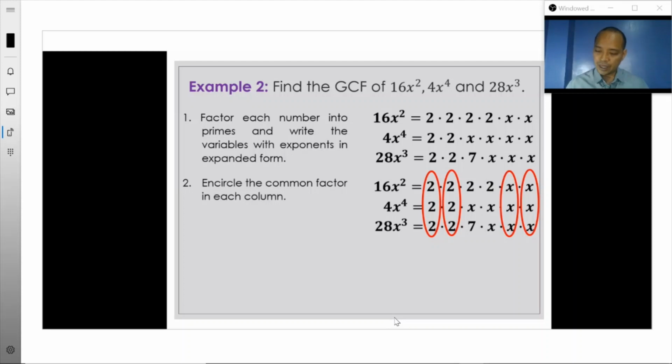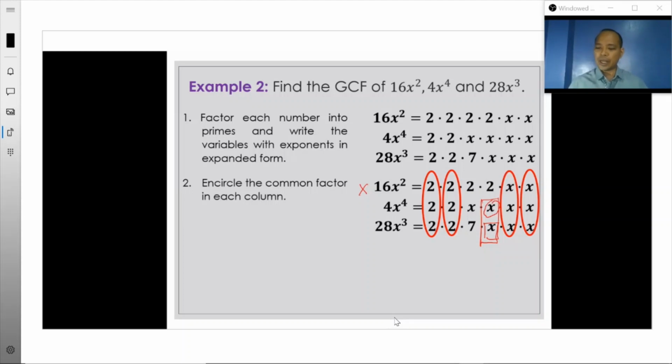If you look at this x here, this is not a common factor because although it's present here in 4x to the fourth, it doesn't have any corresponding factor here in 16x squared. So we say that this x here is not a common factor, and it's not one of the factors which we are going to use for finding the GCF.